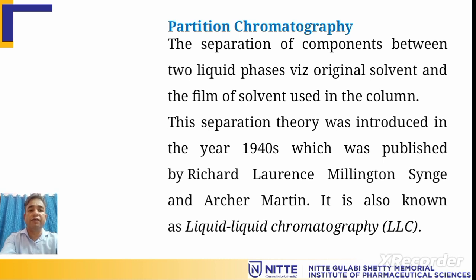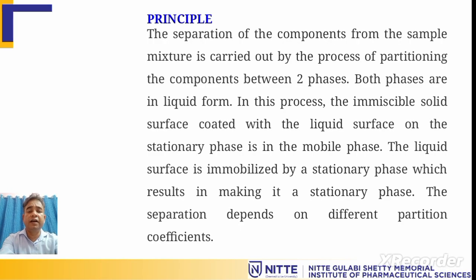Basically, when you look into liquid chromatography, the stationary phase is contained within a solid substance. Like in paper chromatography, the stationary phase is water, which is present in the cellulose fiber of the paper. So the principle stands like this: the separation of components from the sample mixture is carried out by the process of partitioning the components between two phases, both phases in liquid form.